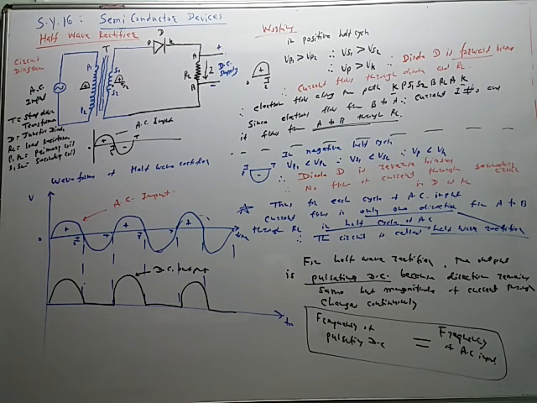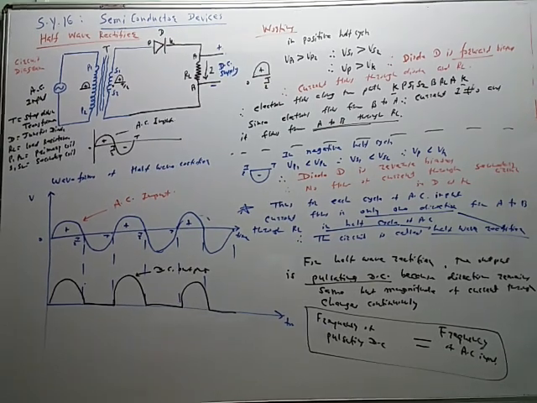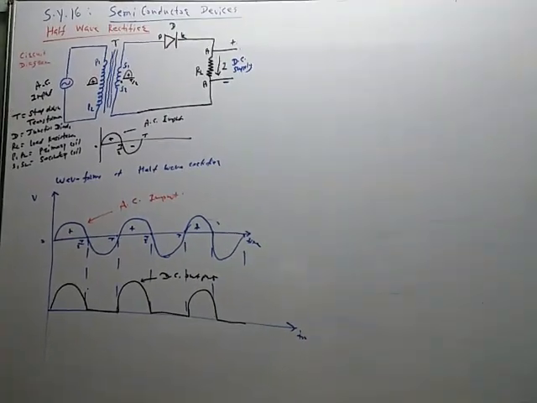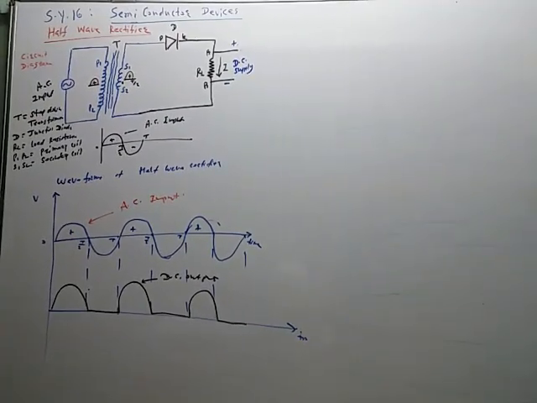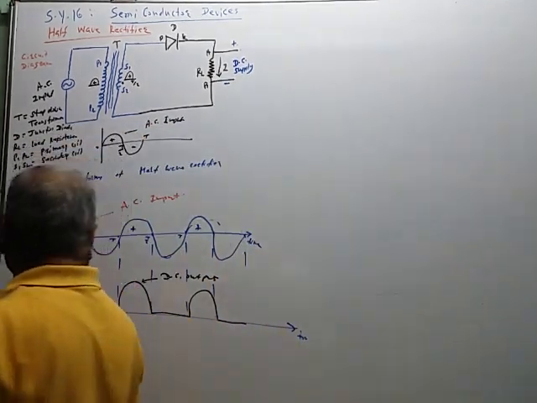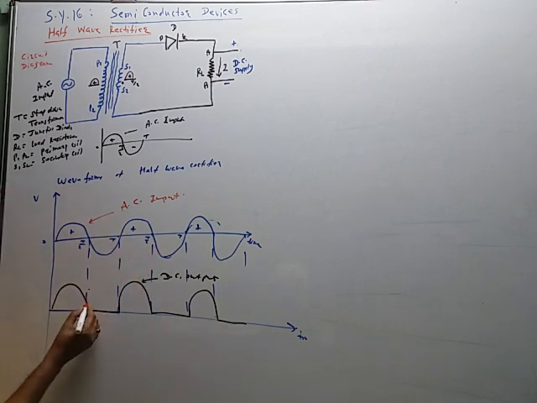Now what will happen in a full wave rectifier, that we have to see. In the case of a full wave rectifier, in this negative half cycle, we again get the current but in the same direction.